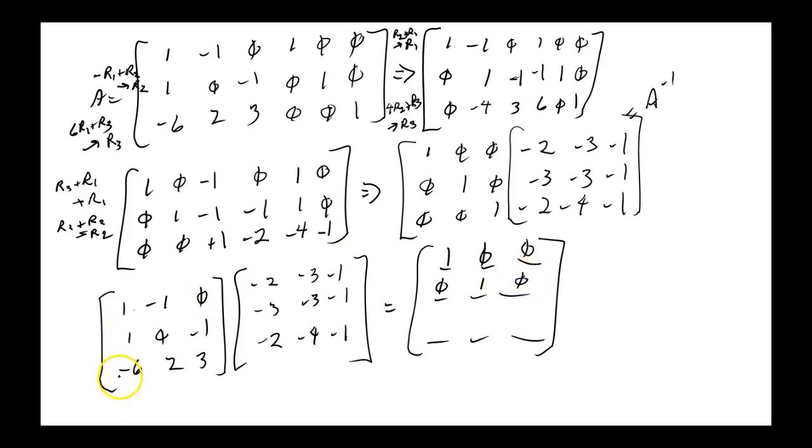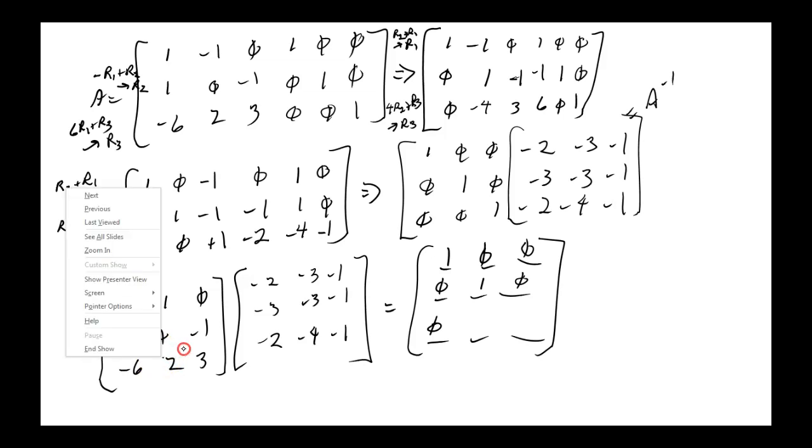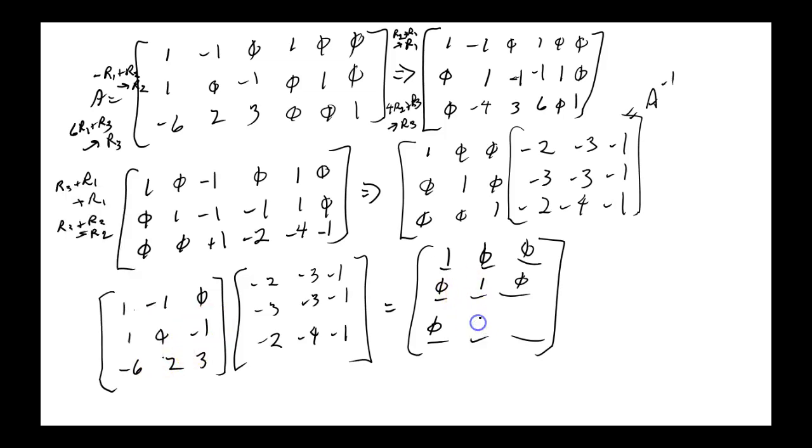Good so far. Next. Ooh, big numbers. Zero. Next. Even bigger numbers. Zero. Okay, and the last.